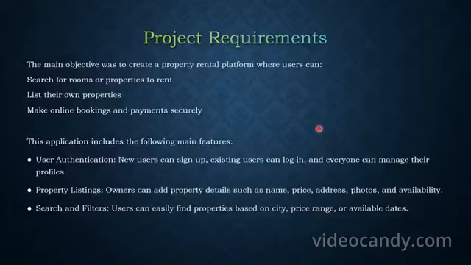Users should be able to register and manage their account, view property details, and filter properties based on city, price or date availability. Owners should be able to create listings with property details, images, and pricing.